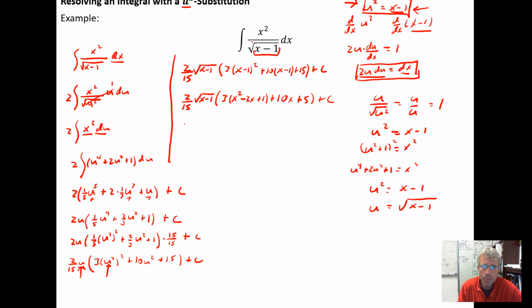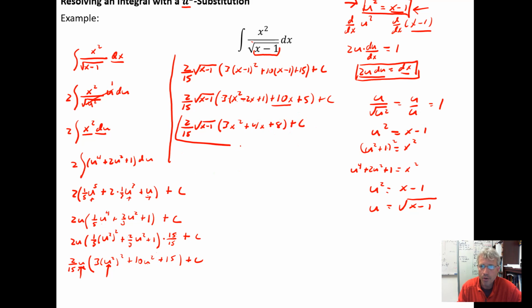Distribute the 3 into the parentheses, I get 2/15 times the square root of x minus 1 times 3 times x squared is 3x squared. 3 times minus 2x is minus 6x plus 10x is plus 4x. And I get 3 times 1 is 3, plus 5 is plus 8, and that's plus a constant of integration.